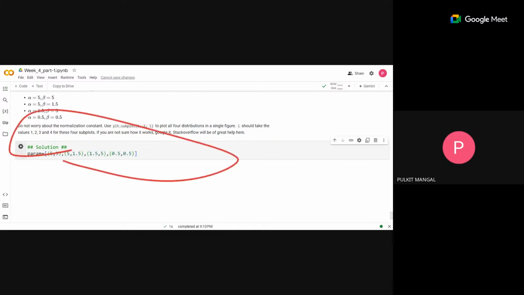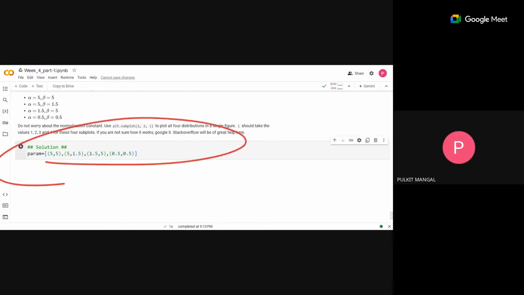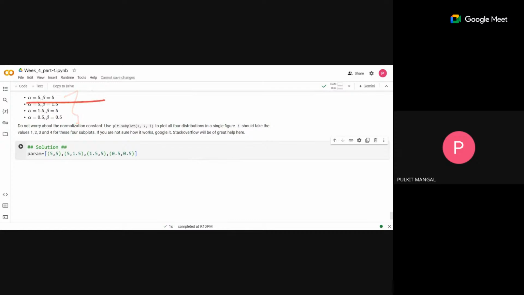Just like before, when we worked with the number of data points and the function value, we also created a list there. Here also we are creating a list, but a list of tuples: alpha, beta, 5, 5, 1.5, like this. Next we will do something called, let's first see that.